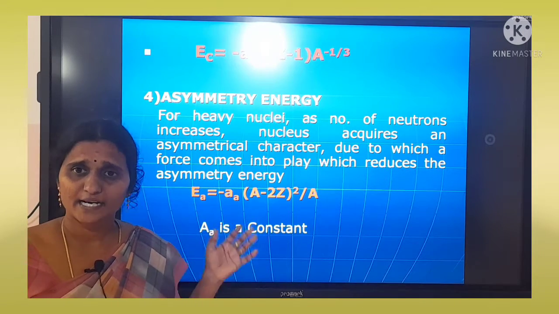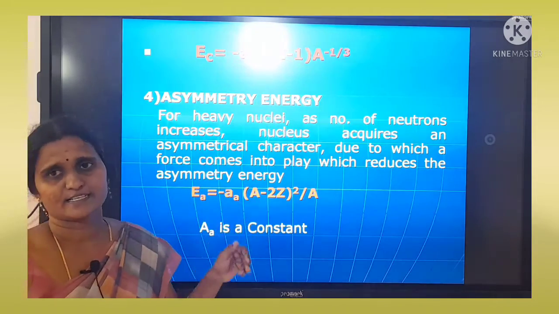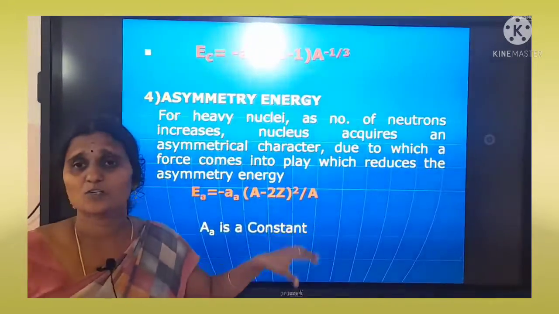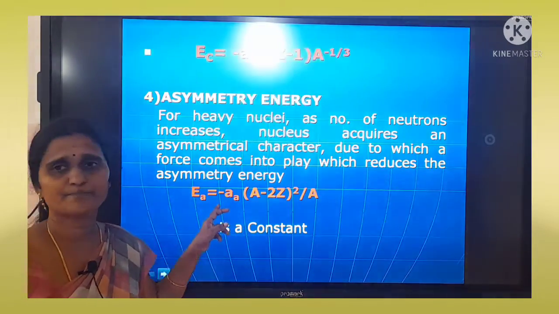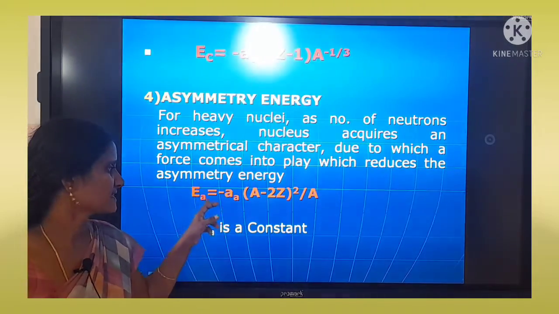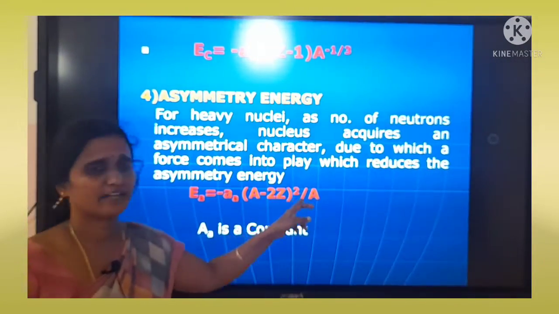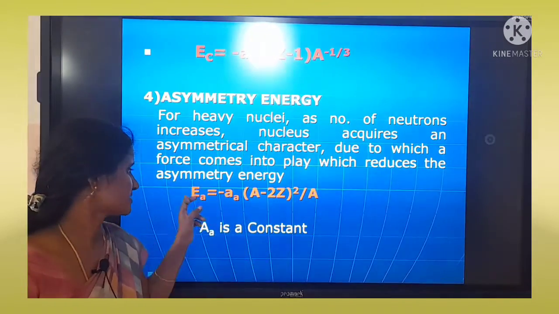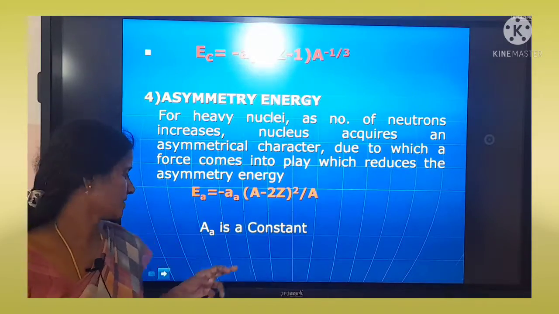When there is a departure from this equilibrium, that is the asymmetry energy. This asymmetry energy will also reduce the binding energy, so this term is also represented by the negative sign. So E_A is equal to minus A_A into A minus 2Z whole square divided by A. This binding energy is also inversely proportional to the number of nucleons.